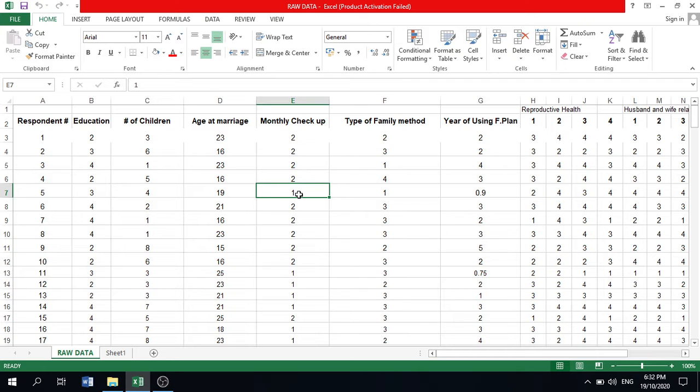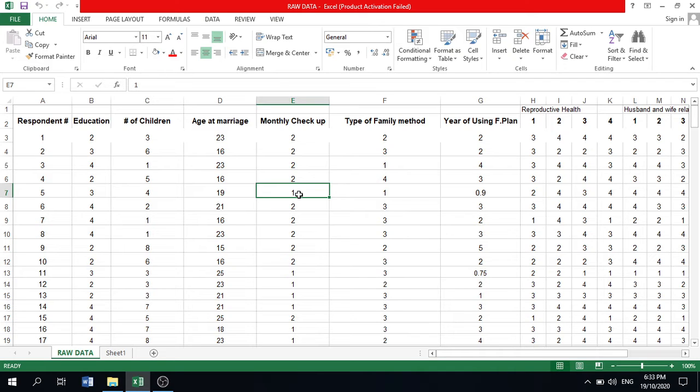So let's say the number 1 represents the response irregular, and number 2 represents regular. We coded this as such because there is a progression from irregular monthly checkup to regular monthly checkup.